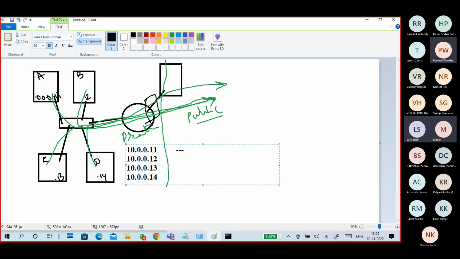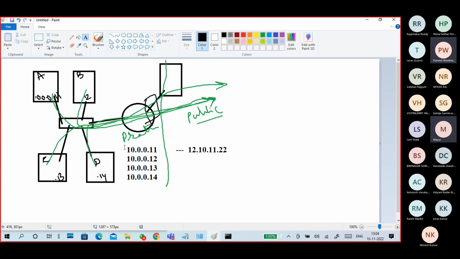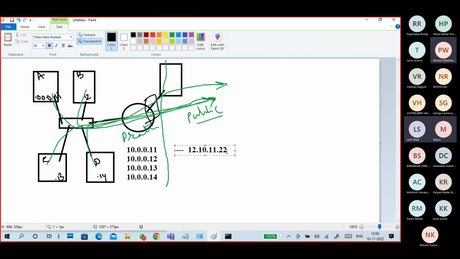Okay. So the point is, these are private IP addresses, but we cannot purchase a public IP address for each. What my ISP is doing is some IP address translation. It takes one public IP and assigns it to everyone in the network.